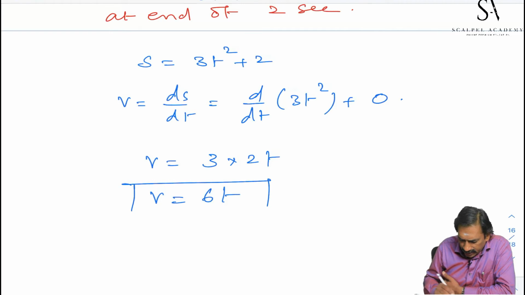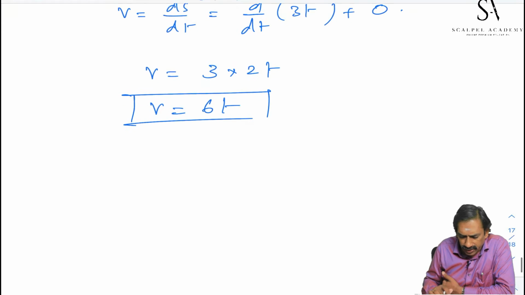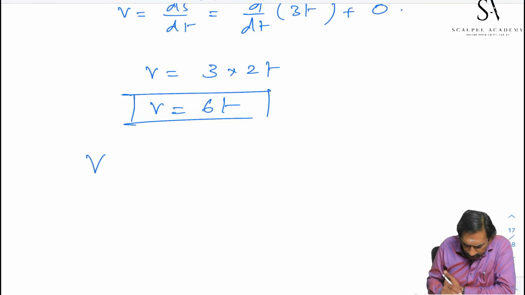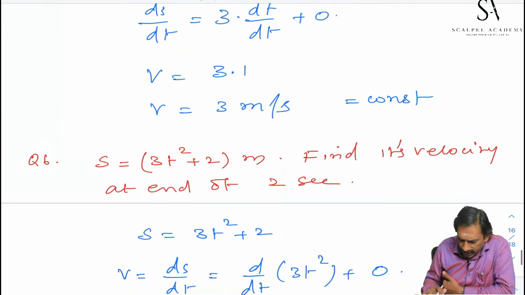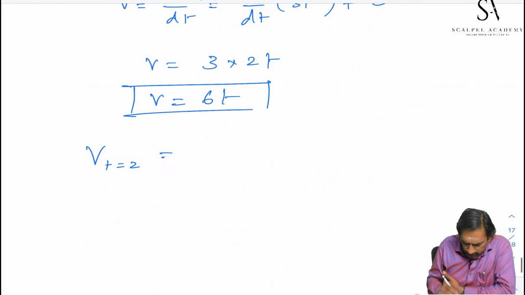The velocity as a function of time, we got it. But what they asked is velocity at t is equal to 2 seconds. Am I right? That is equal to 6 into 2, that's equal to 12 meter per second.